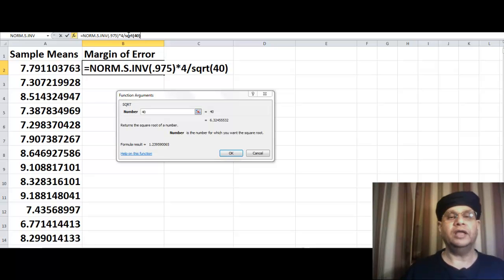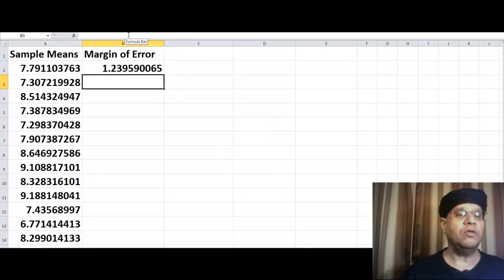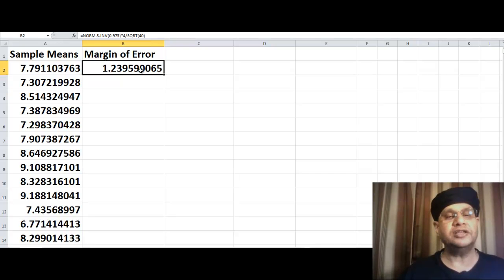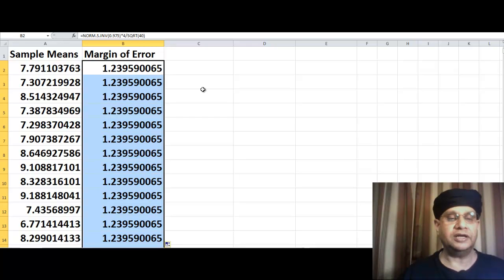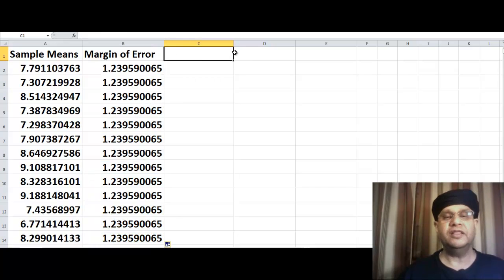Everybody clear? Once we do that, what is the margin of error associated with each of them? 1.2395, etc. So let's just do it for all of these.